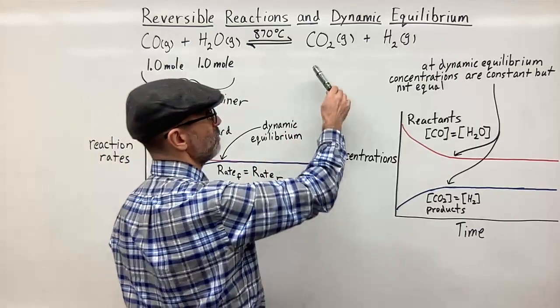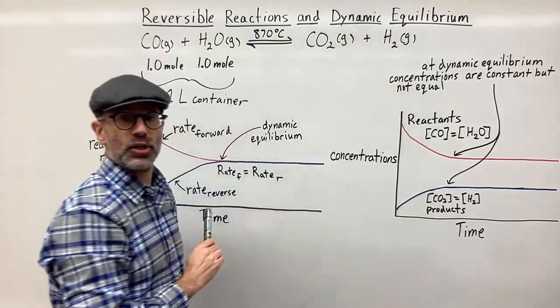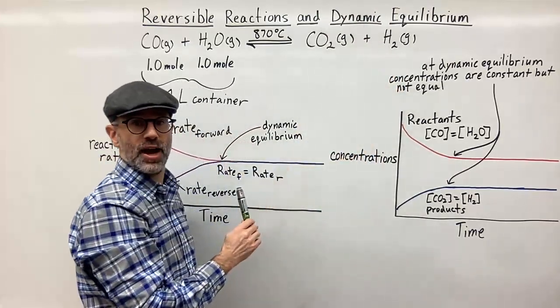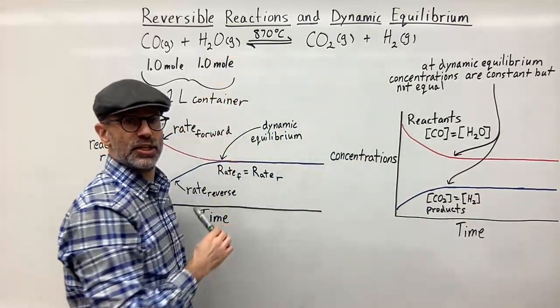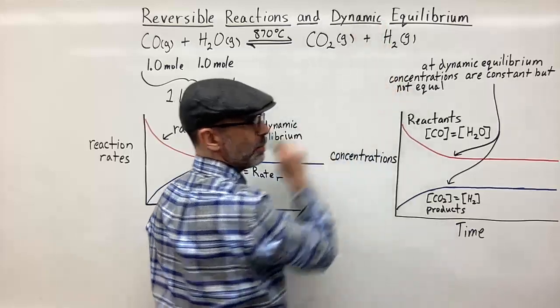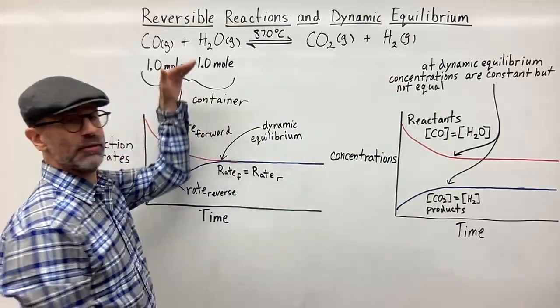But over time, you're going to get more and more product, so the concentration of products are going to increase over time. And as that happens, the reverse reaction is going to speed up because you're going to increase the amount of products. Well, what's going to happen eventually?